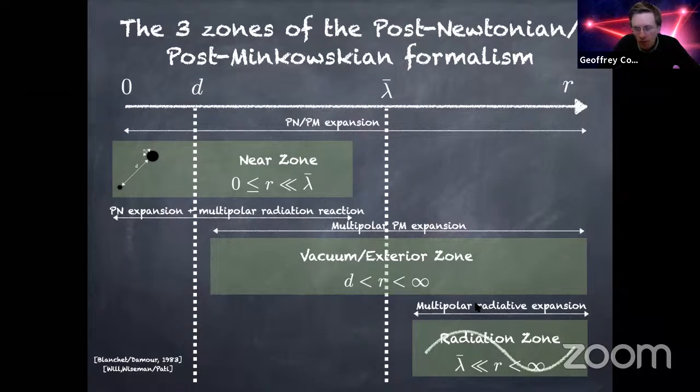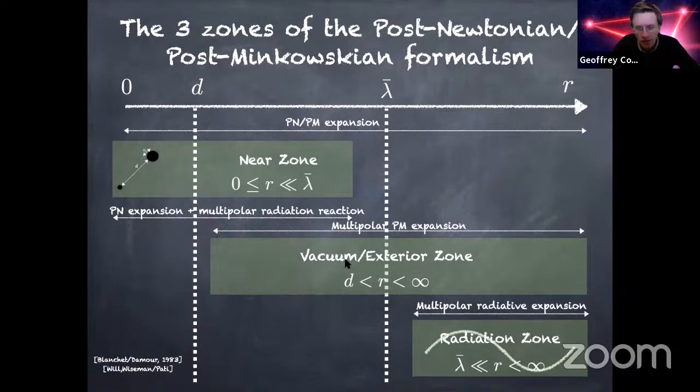When you have radius larger than the reduced wavelength of gravitational waves, then you are in the radiation zone, and there you can perform a radiative expansion. It's useful for computing the gravitational wave patterns to do a multipolar decomposition, to decompose in multipoles in this region.